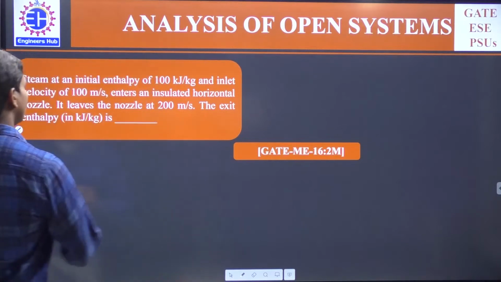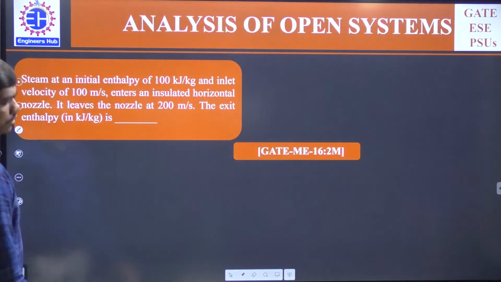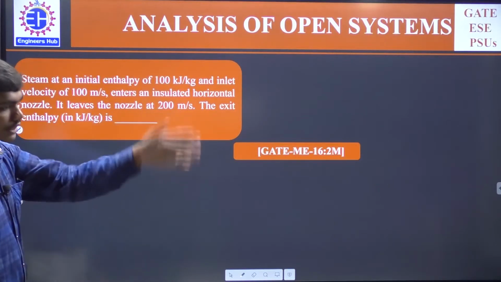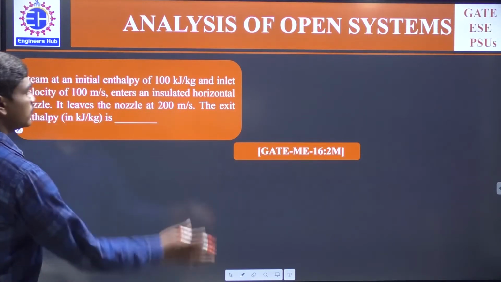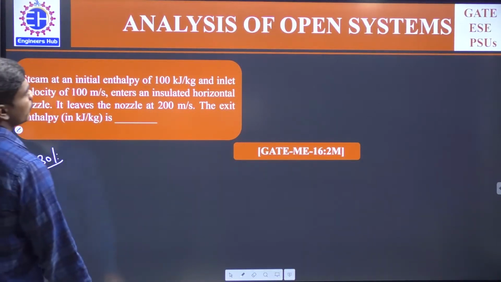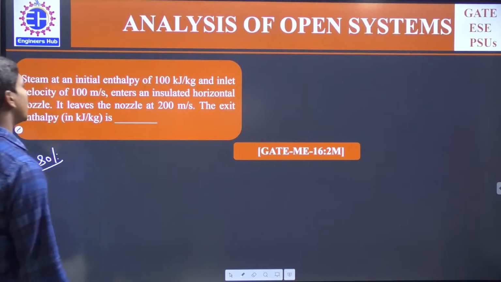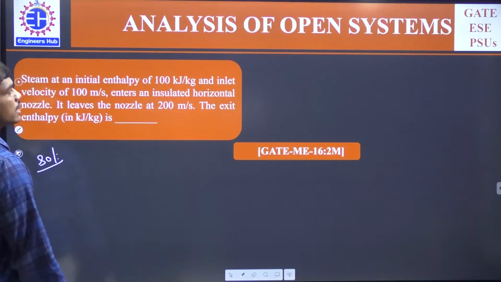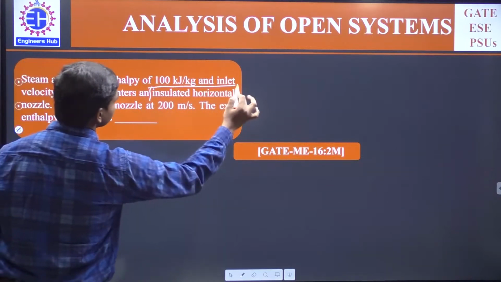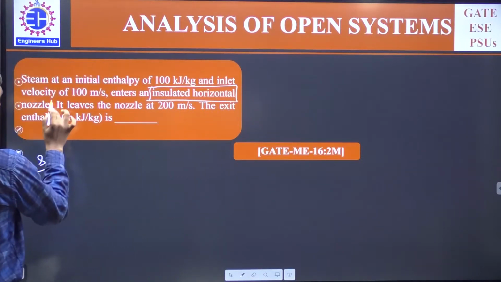Okay, let me check. Could be a chance, because steam enthalpy will drop. So initially if it's 100, now it should be less than 100. So 85 is reasonably, logically correct. So let us write this solution. Steam at an initial enthalpy of 100 kilojoule per kg and at inlet velocity of 100 meters per second enters an insulated horizontal nozzle. See, in this phrase, insulated horizontal nozzle, he mentioned 2 data points. What are they?